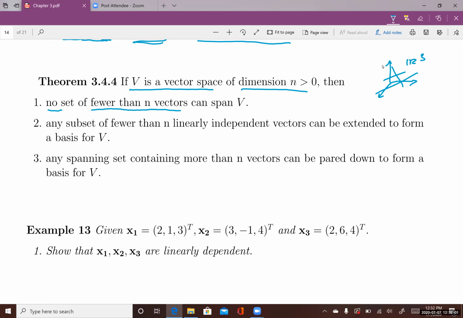Any subset of fewer than n linearly independent vectors can be extended to form a basis for V. So in R3, if you only have 2 vectors, you can always come up with 1 more vector so that the set of 3 vectors will span V.